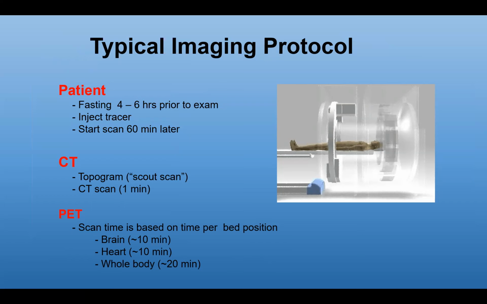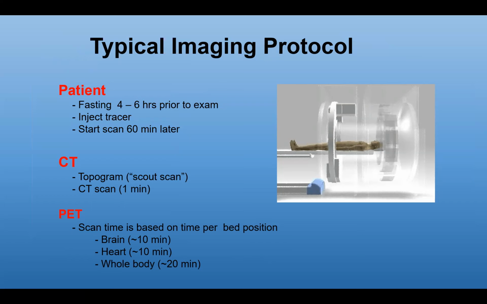When they get the patient onto the bed, the first thing they do is the CT. They do the scout or the topogram, and then they do the quick CT scan, and then they begin the PET study.